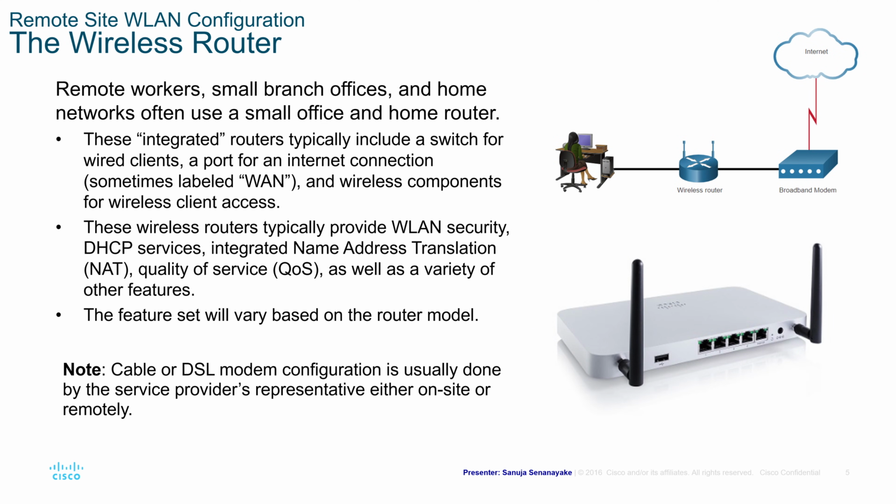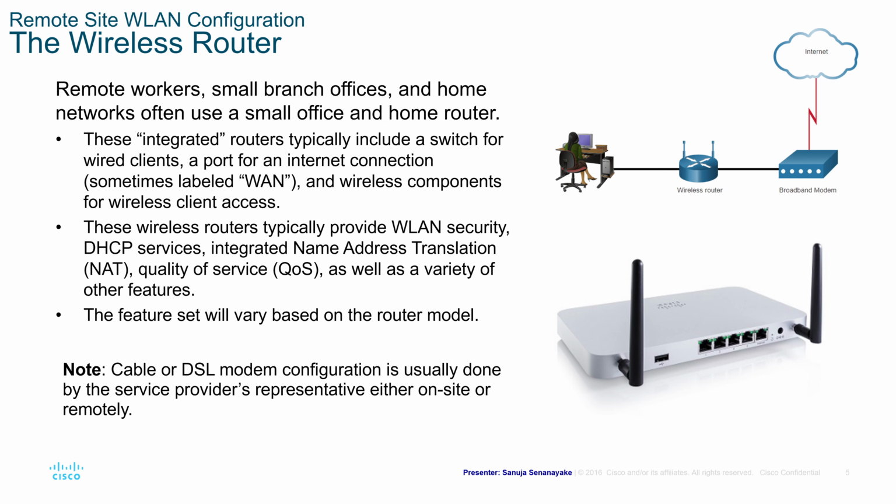The wireless router. Remote workers, small branch offices and home networks often use a small office and home router. These integrated routers typically include a switch for wired clients, a port for an internet connection, sometimes labeled as WAN, but also sometimes labeled as internet, and wireless components for the wireless client.